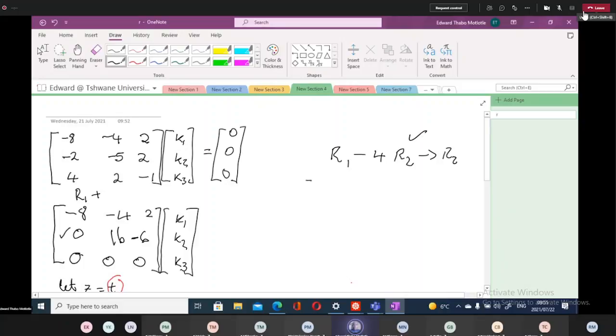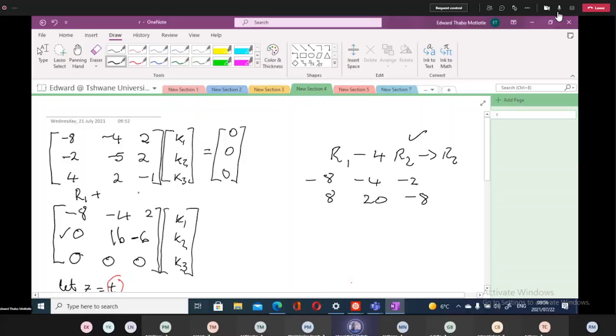Let's see how. -8, -4, -2. Then you multiply this one by -4. So it's going to give you 8. You multiply by this one, it will be 20. This one will give you, is it 8? -8. Then you add these two. Is it -8? You have to check that. I can see I get 16, but I don't get this minus.